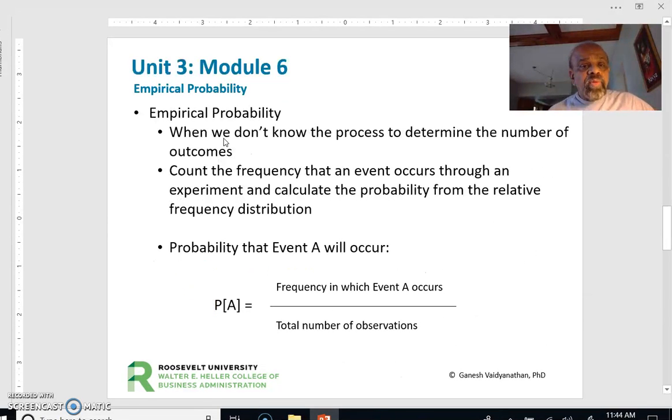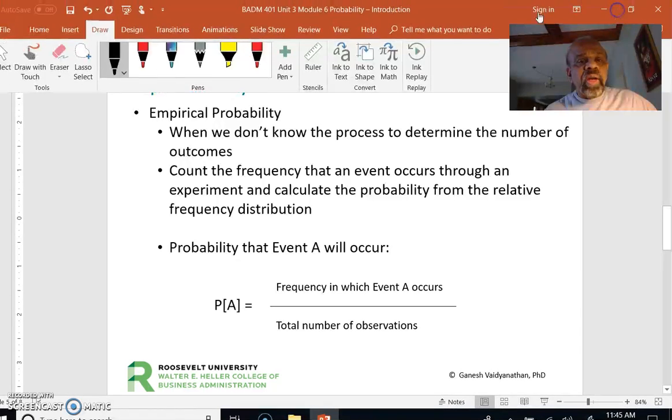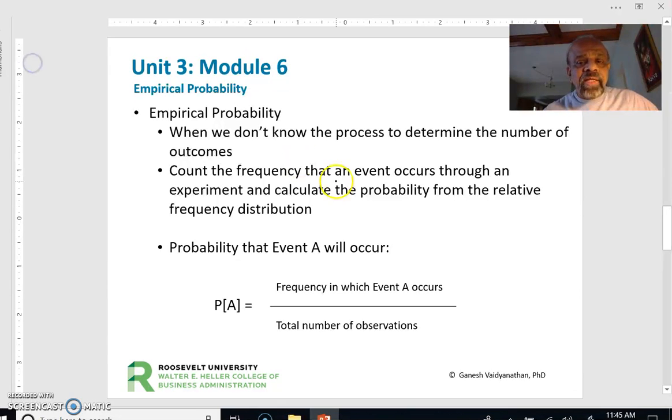Okay, now I'm going to look at what an empirical probability is. In an empirical probability, we do not know the process to determine the number of outcomes. So we don't know the number of outcomes, and for that, what we are going to do is count the frequency.